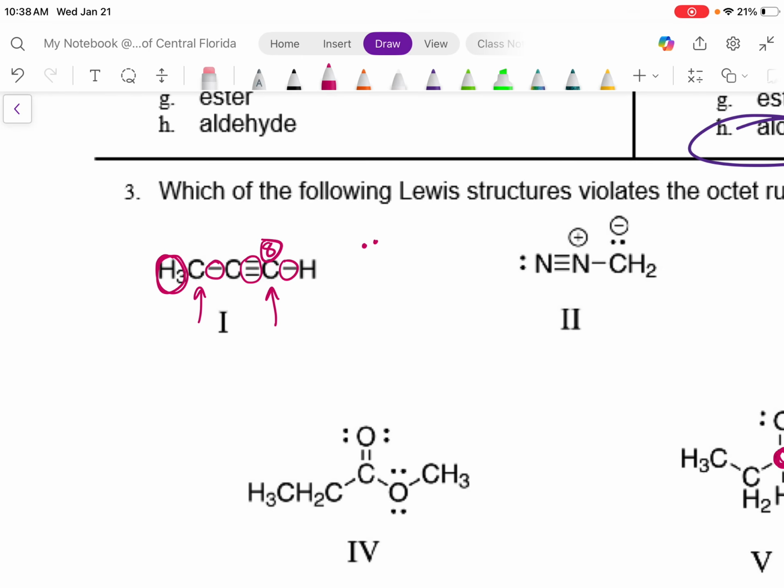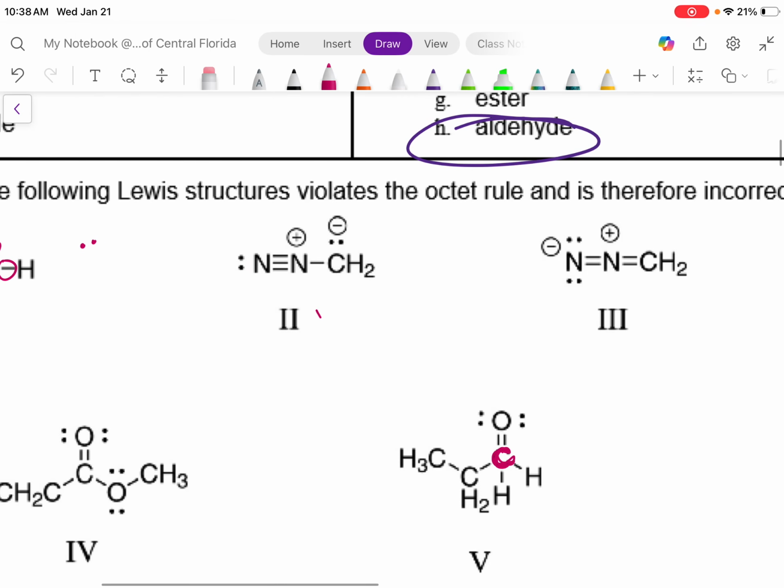So there's 4 bonds, which is 8 electrons. Okay. So if we take a look at this nitrogen, we see 3 plus 1 is 4, so that's 8 electrons. If we take a look at this nitrogen, we see 3, so that's 6 electrons, plus a lone pair, that's 8. So as you go through each one of these, you will see that.